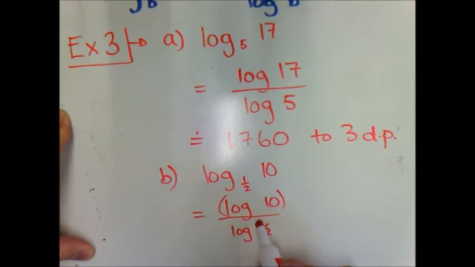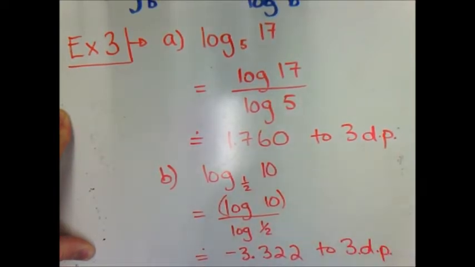What exponent do I need to take my base 10 and give it the value 10? Well, 10 to the power of 1 will be 10. So I simply have 1 over the log of 1/2, which is approximately equal to negative 3.322 to 3 decimal places.